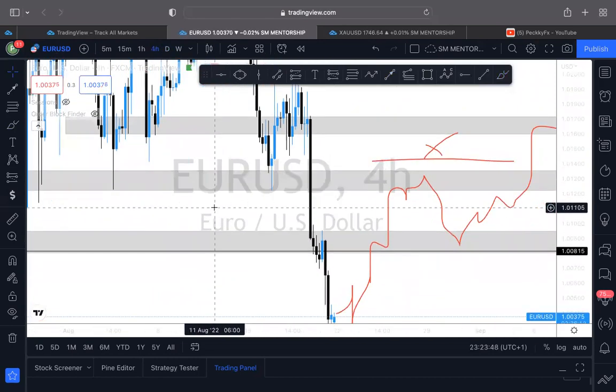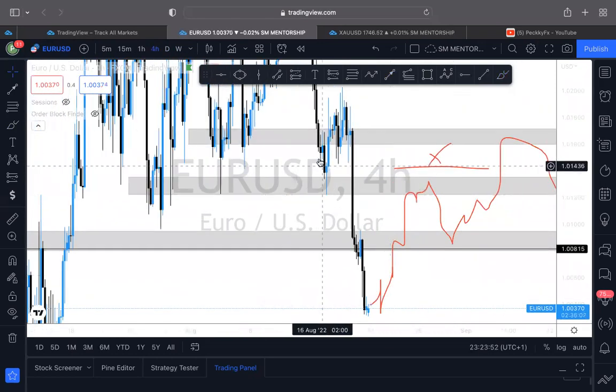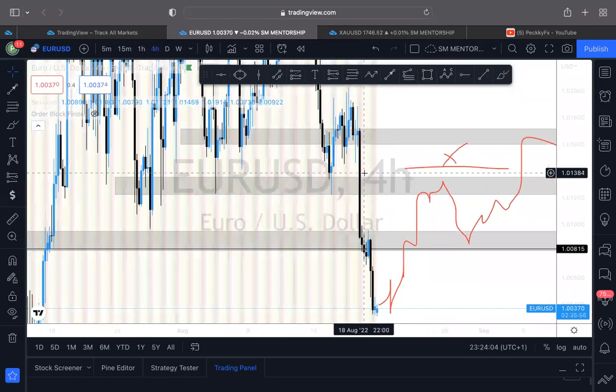So let me switch over to my session time and see these levels. Were they created by the New York session, or by overlap? Or were they created by Asian rather? So I'm going to mark it out on my session time, and boom.